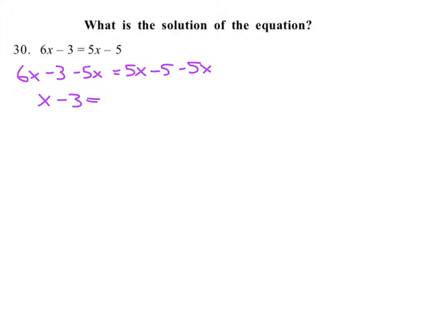There's still that minus 3 equals 5x at the start and the negative 5x at the end cancel out to leave us just with minus 5. And now we say to isolate x, we need to deal with this negative 3 with a positive 3, plus 3 on both sides. And we get x equals negative 2.